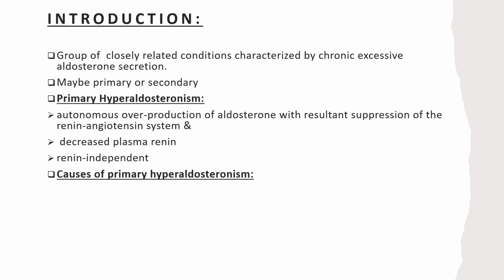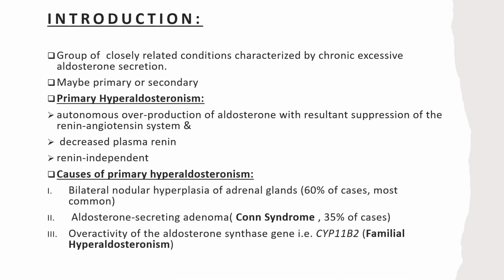And the various causes of primary hyperaldosteronism could be like bilateral nodular hyperplasia of adrenal glands, and this accounts for about 60% of cases, and this is the most common cause of primary hyperaldosteronism. And next could be like Cone syndrome, which accounts for 35% of cases, and that is also called as aldosterone secreting adenoma.